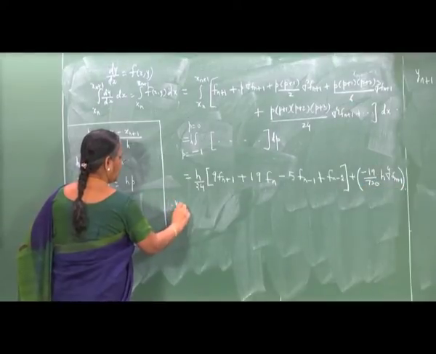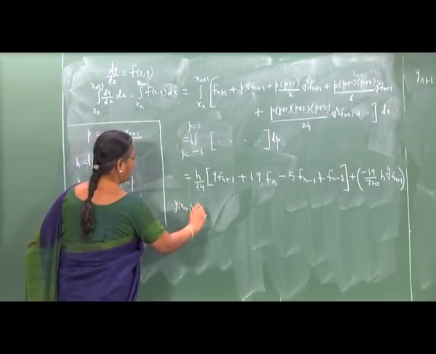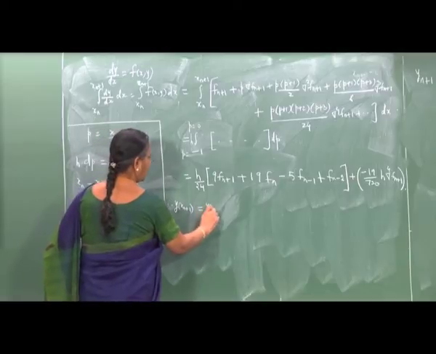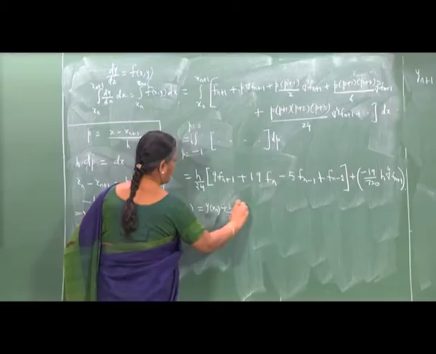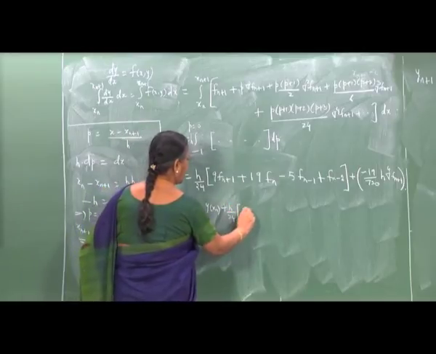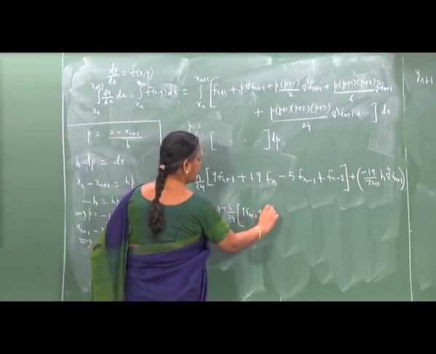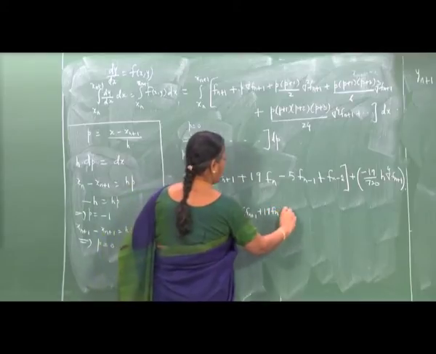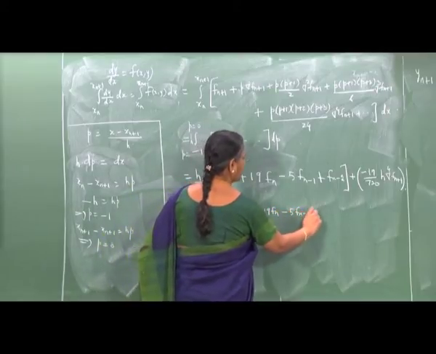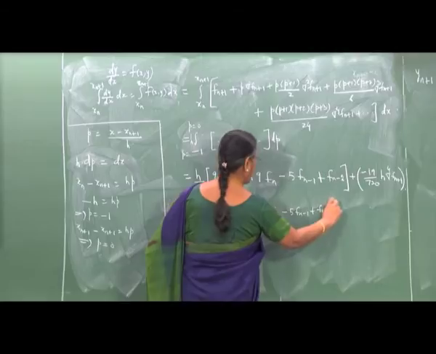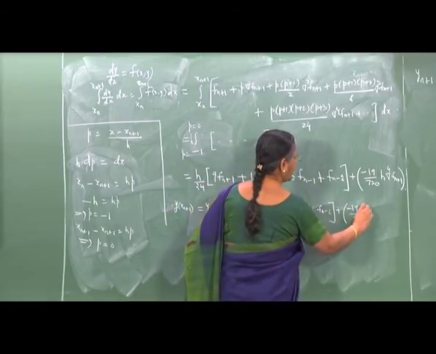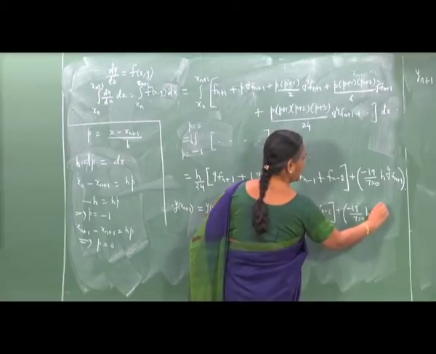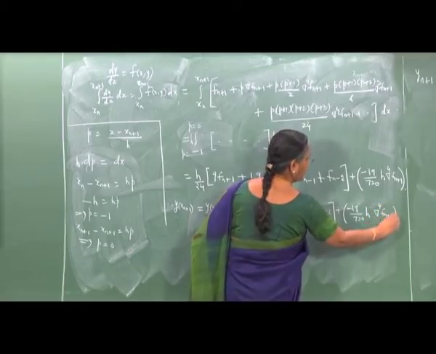So, we have y of xn plus 1 will be equal to y of xn plus h by 24 into 9 fn plus 1 plus 19 fn minus 5 fn minus 1 plus fn minus 2, plus minus 19 by 720 times h into del power 4 fn plus 1.